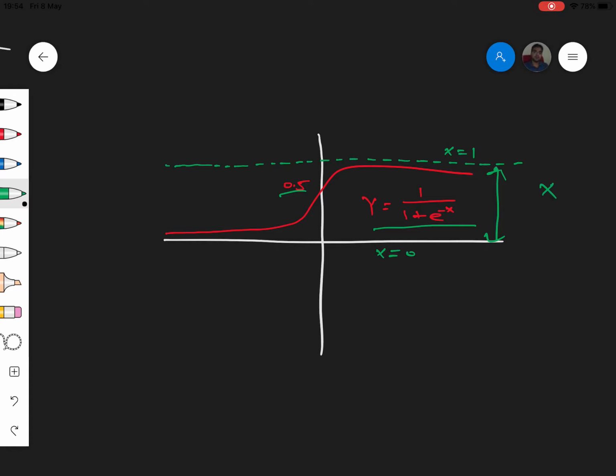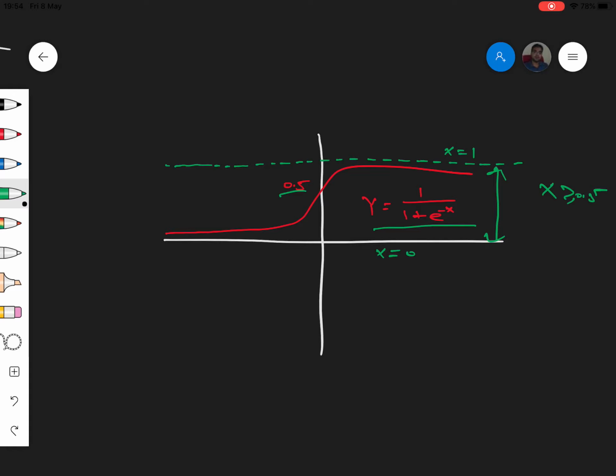Suppose x is, for example, the melanin available in the skin texture of a particular person. If it is greater than 0.5, then that person is black. If it is less than 0.5, then that person is white. This is the use of the sigmoid function in decision making when we classify certain objects.